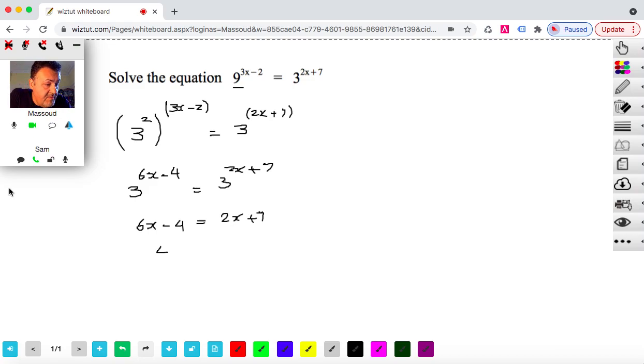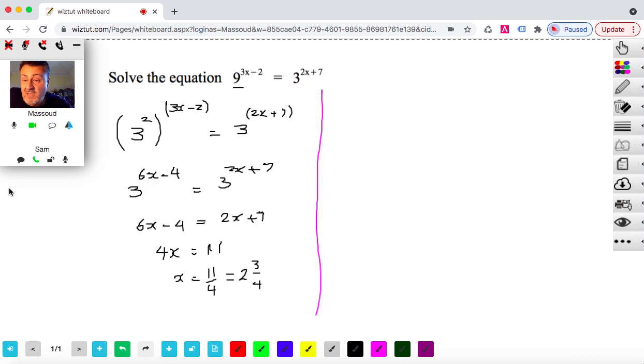That means 4x is equal to 11, and x is equal to 11 over 4, 2 3/4, yeah, 2.75. So that was dealing with it using exponentials.